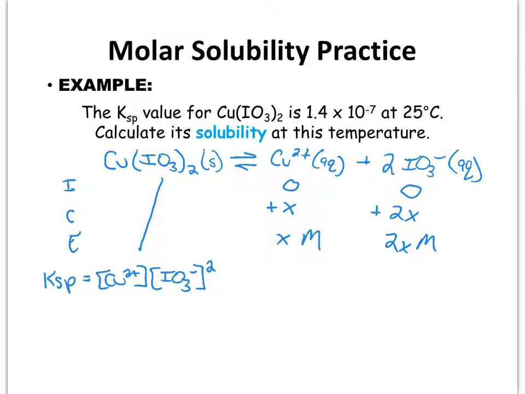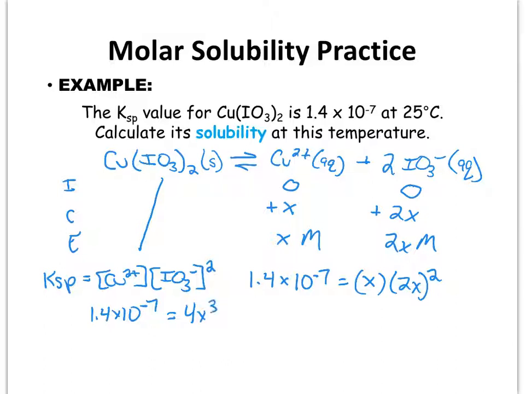The Ksp, according to the problem, is 1.4 times 10 to the minus 7. This equals the concentration of Cu2+, which according to our ICE table is x, times the concentration of IO3-, which is 2x, but we have to square it. When we combine these, we get 1.4 times 10 to the minus 7 equals 4x cubed.